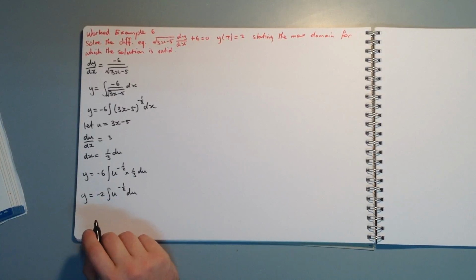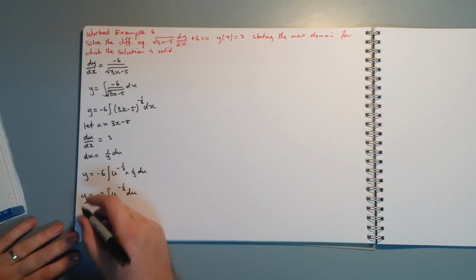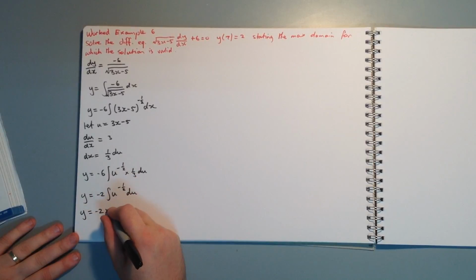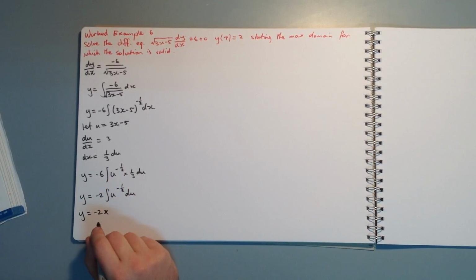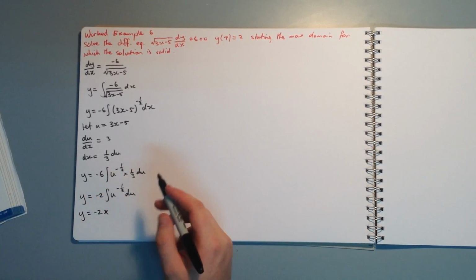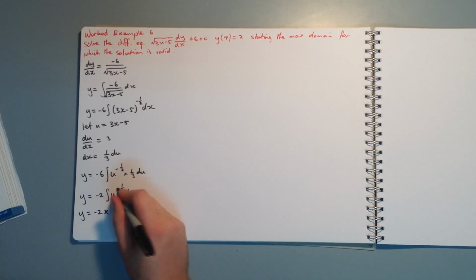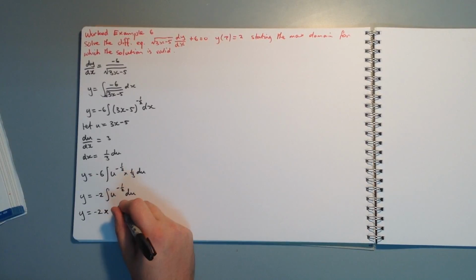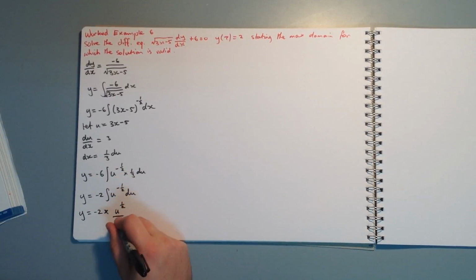So when we do that, we've got minus 2 times, well, we've got to go to our new power. We've got to increase our power by 1, which will make it positive a half, and then we've got to divide it by that new power, so we've got u to the half over a half.